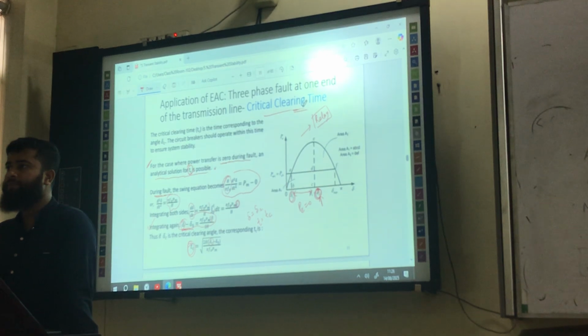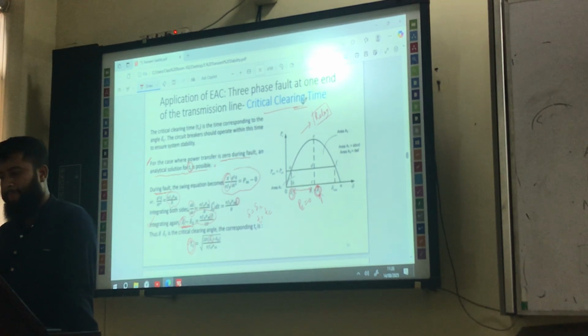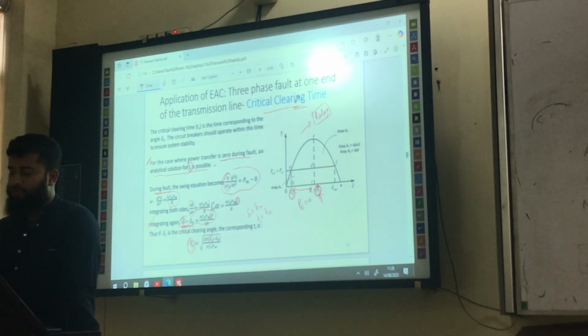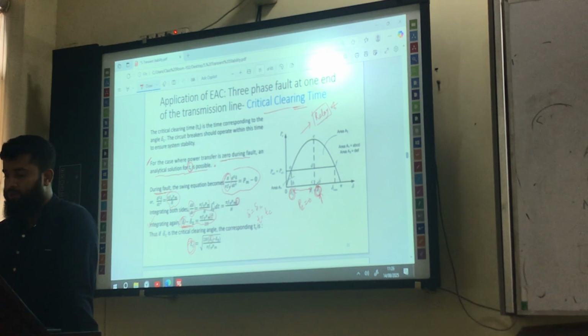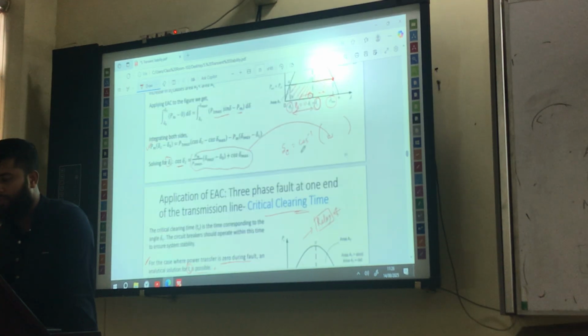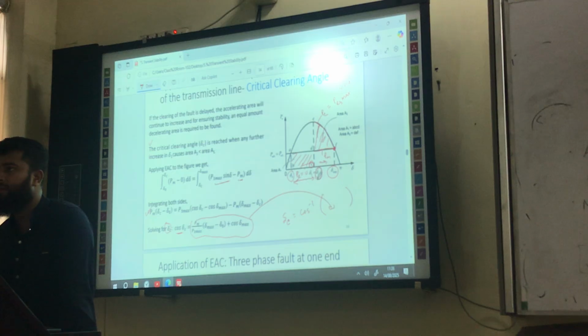Have you understood this thing? What is the role of the relay? Okay, so the relay will disconnect this thing, because if your fault sustains beyond this critical clearing angle, then there will be a problem, because the system will be unstable.